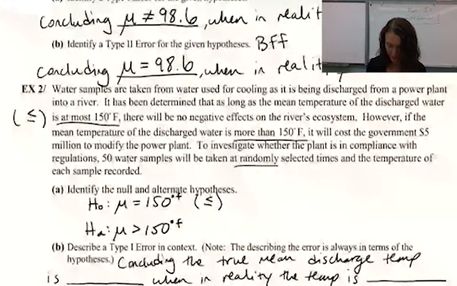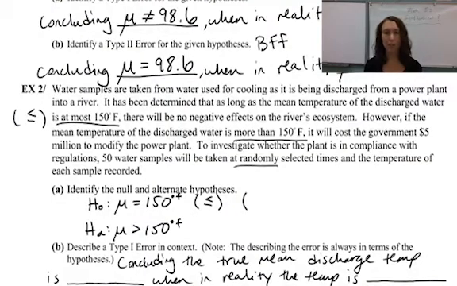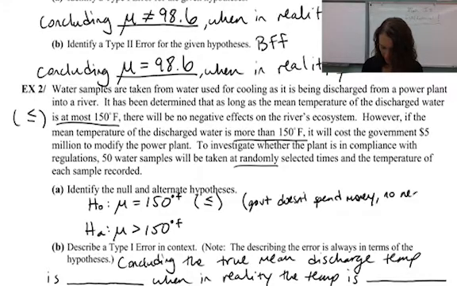It's kind of nice to think about what the consequences or what would happen for each one of these. So if it's at most 150 degrees Fahrenheit, then government doesn't spend money, no negative effects on ecosystem.